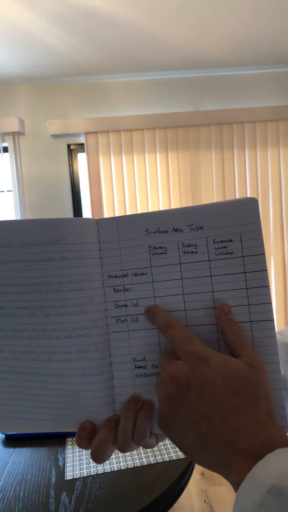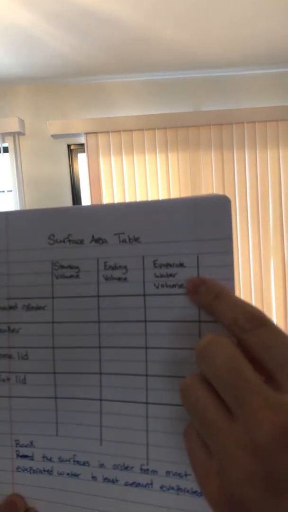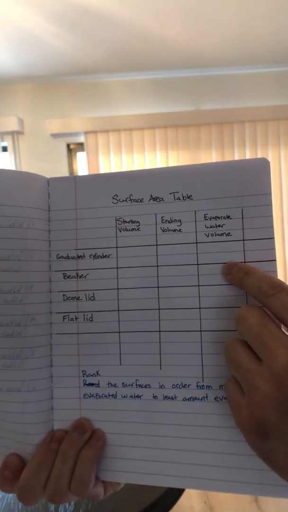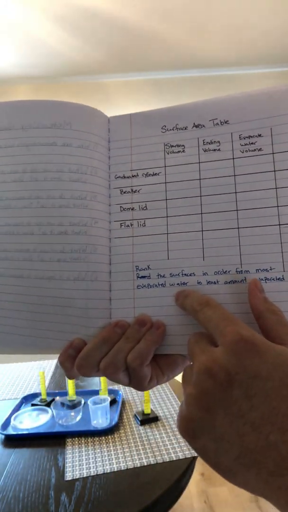Our dome lid started at 25 and ended at about 11 milliliters. And our flat lid started at 25 and ended at about 4 milliliters. Then you're going to figure out how much water in total evaporated from each container. And then, at the bottom, rank the surfaces in order from most evaporated water to least.